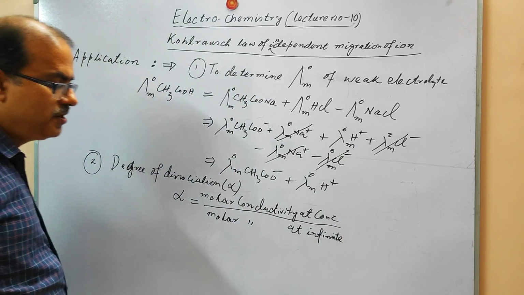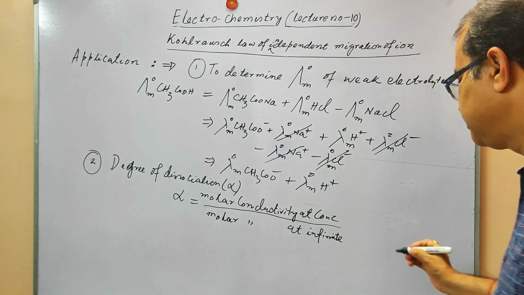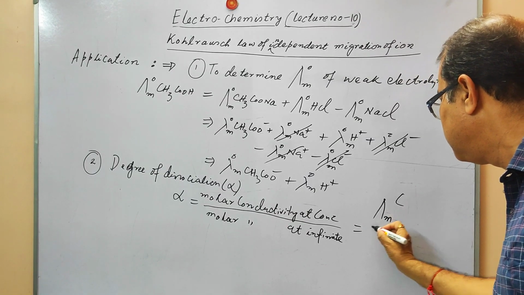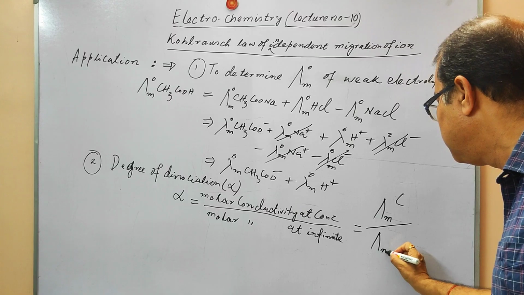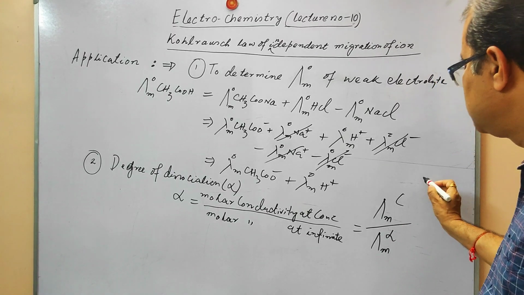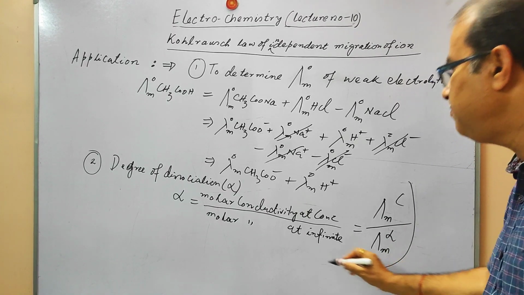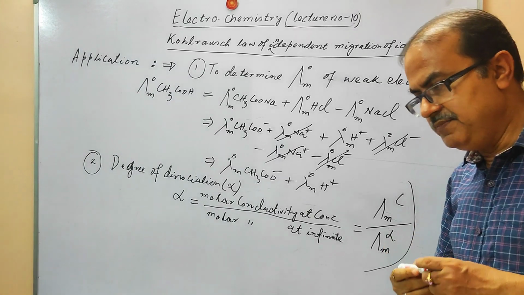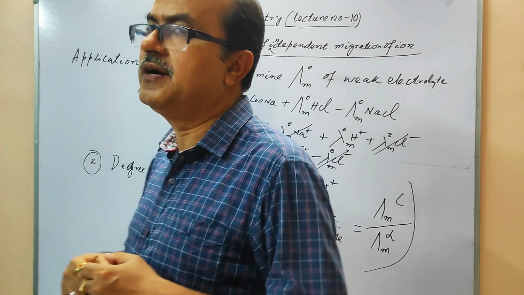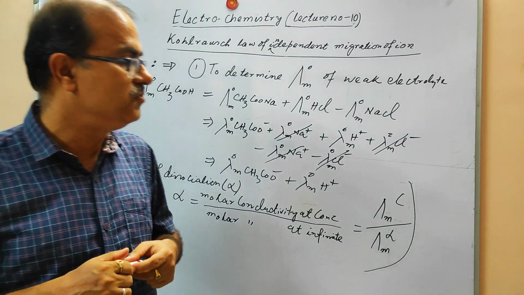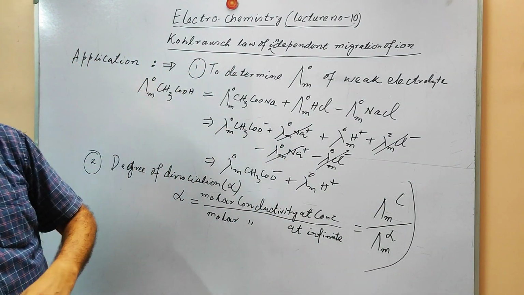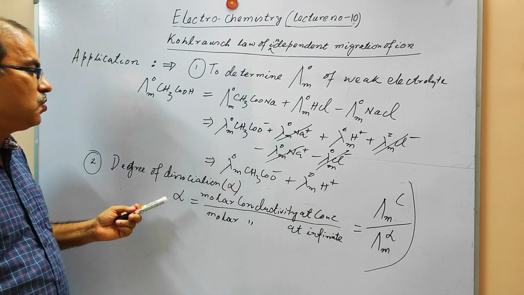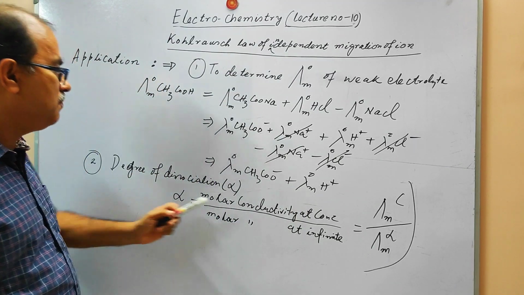At infinite dilution, so we can write this. So this will give the degree of dissociation. So to determine the limiting molar conductivity of the weak electrolytes, we can apply the Kohlrausch law of independent migration of ions, and we are also able to calculate the degree of dissociation.